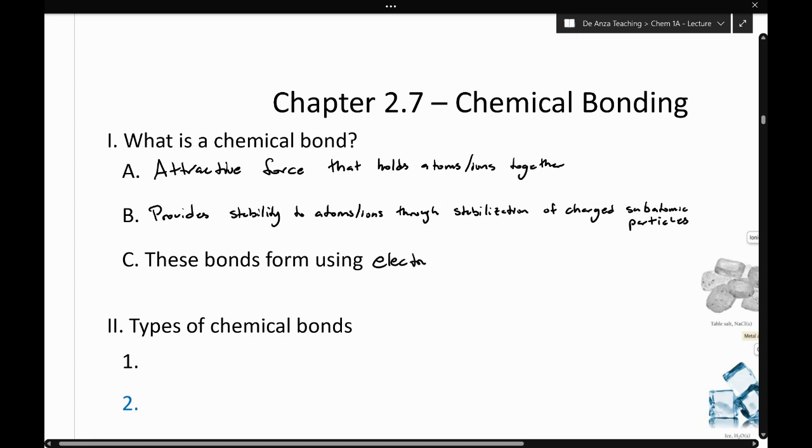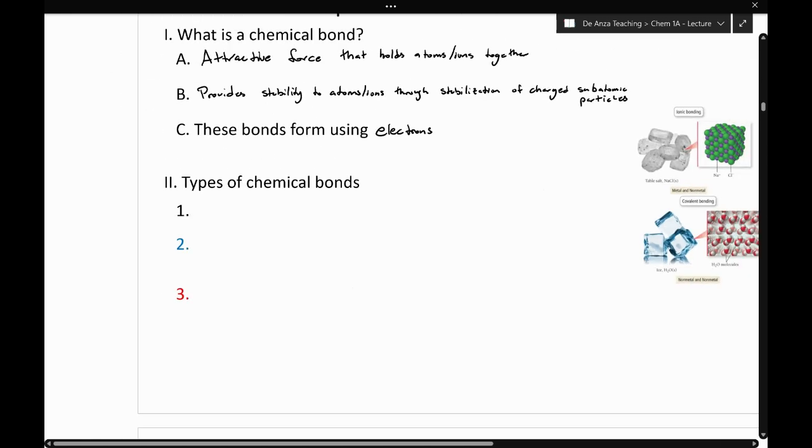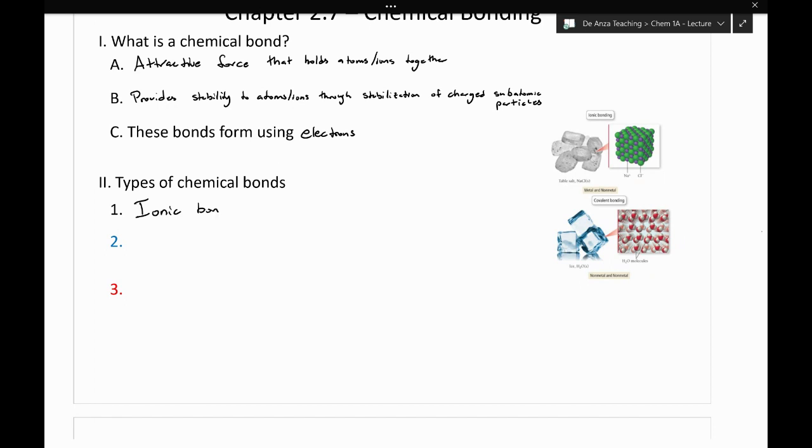And so now we'll get to the 3 types of chemical bonds we'll discuss in this class. The first type of chemical bond is something called an ionic bond. These ionic bonds are going to exist between a metal, so one of those elements on the far left to middle of the periodic table, and a nonmetal.